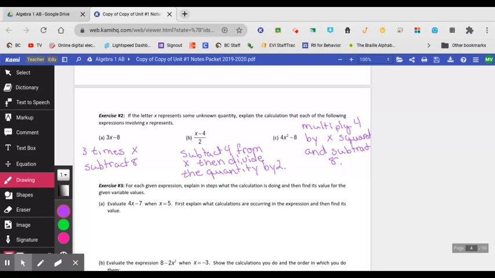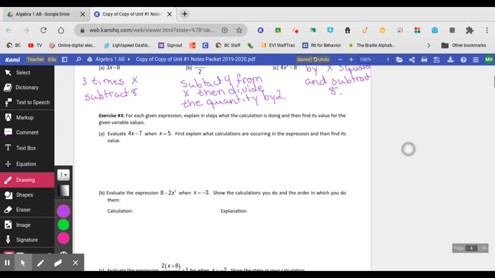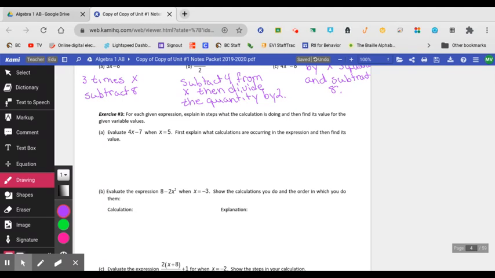Exercise 3. For each given expression, explain in steps what calculation is doing and then find its value for the given variable's values. Evaluate 4x minus 7 when x equals 5. First explain what calculations are occurring in the expression, then find its value.